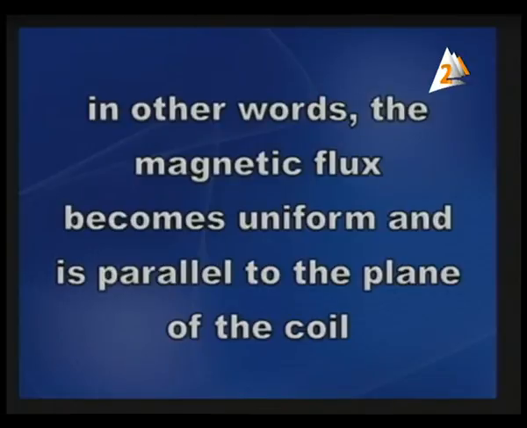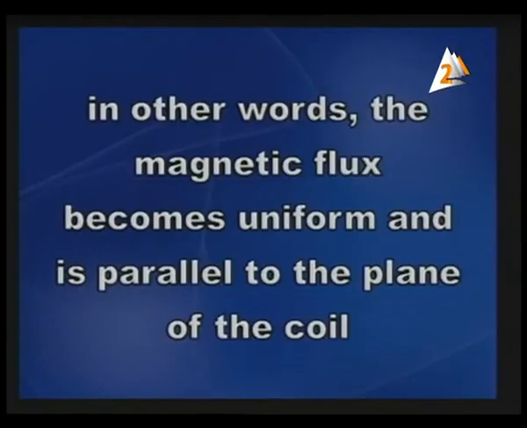In other words, the magnetic flux becomes uniform and is parallel to the plane of the coil. So poles of the magnet are curved to produce radial magnetic flux. The radial magnetic flux is parallel to the plane of the coil, perpendicular to the side.